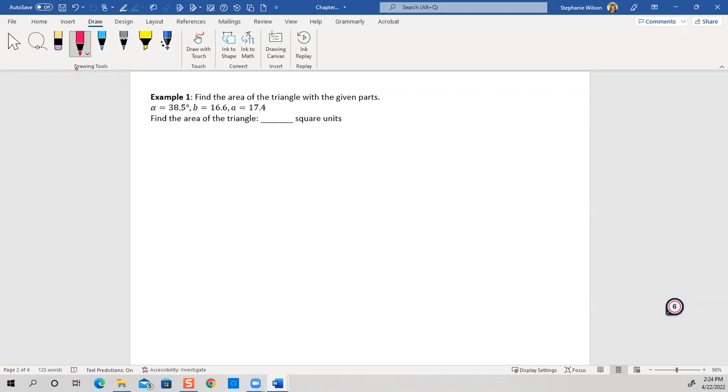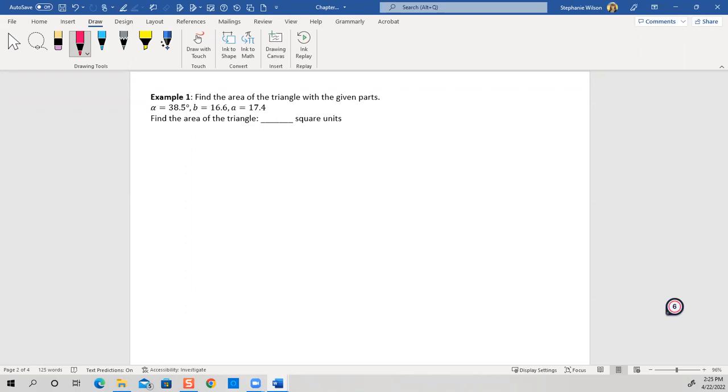it says find the area of the triangles for units. All right, so we're going to find the area of the triangle given the formula that we have shown above, where A, B, C are all sides of the triangle, alpha, beta, and gamma are all the angles opposite these sides. So it's helpful if you was to draw a picture and label, especially if you're a visual person.